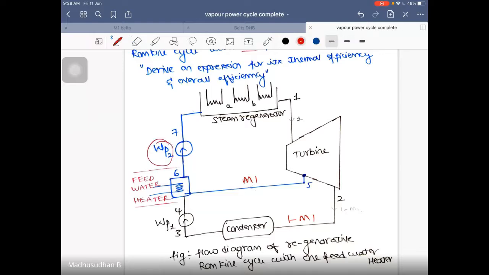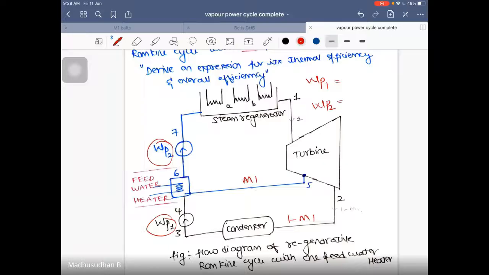Two pumping works are there. So how will you calculate the pumping work? It is the difference in the enthalpy. First pumping work happens from state 3 to 4. Second pumping work happens from state 6 to 7.